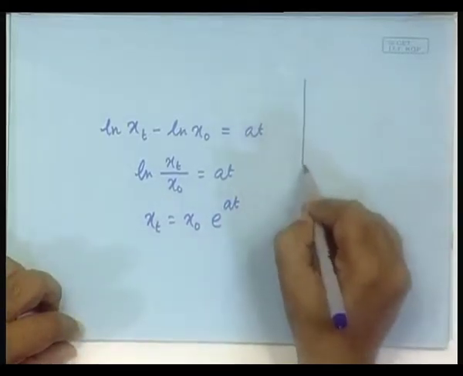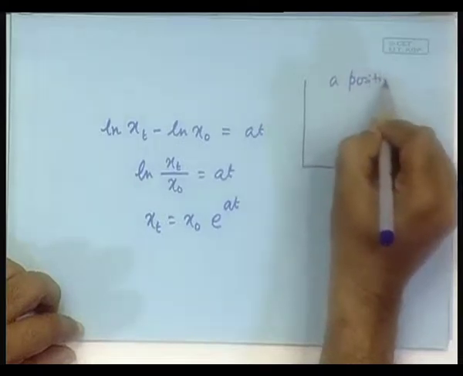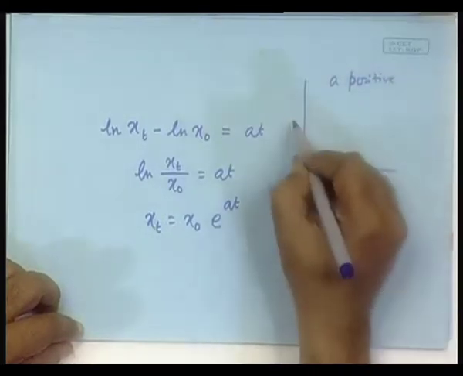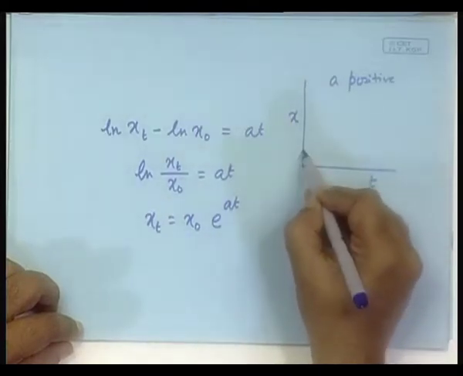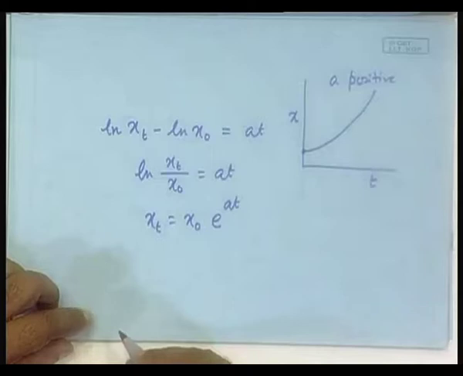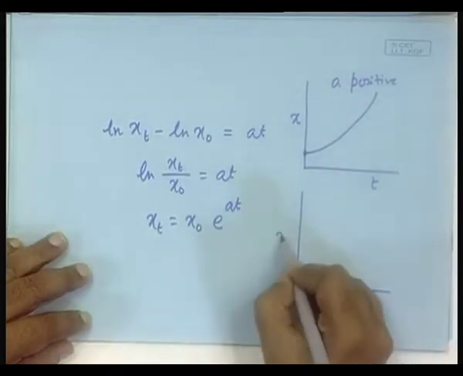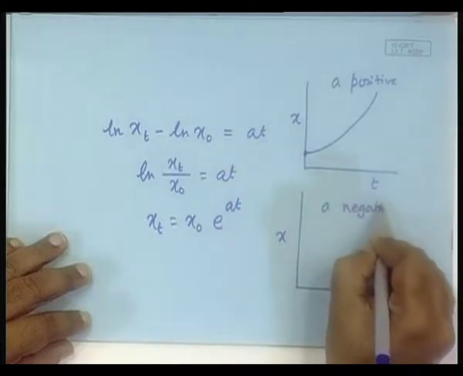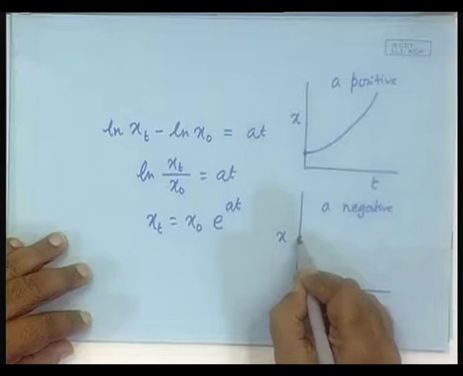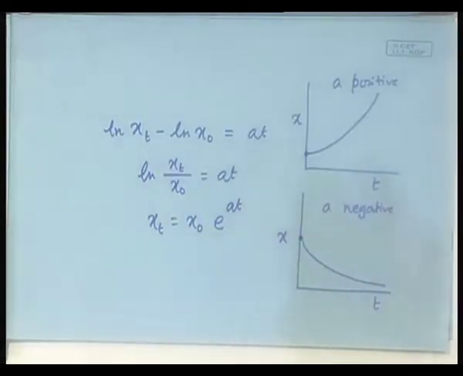So, for A positive, it will be time dependent on x, start from some x0 and it will go on increasing. For A negative, it will be starting from some initial condition and then it will decay. That is the only thing possible.